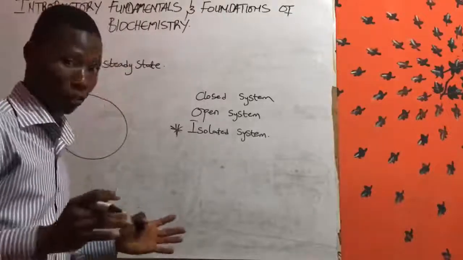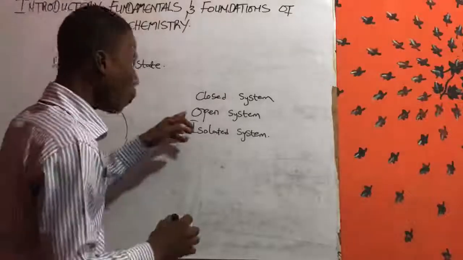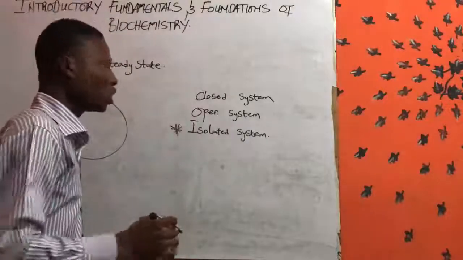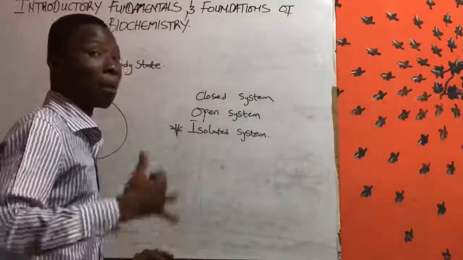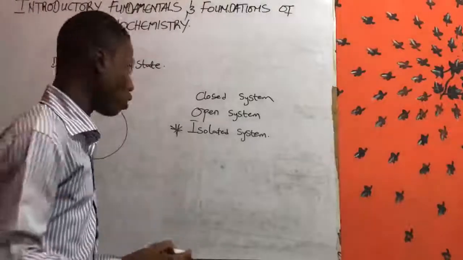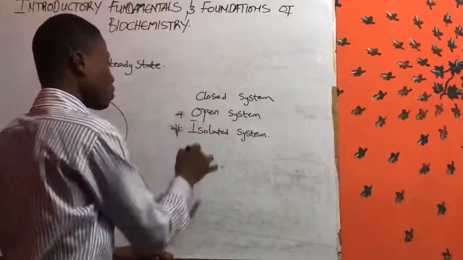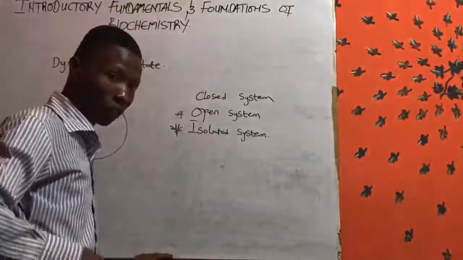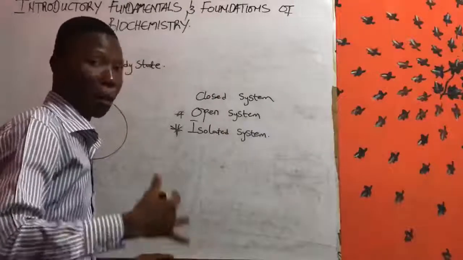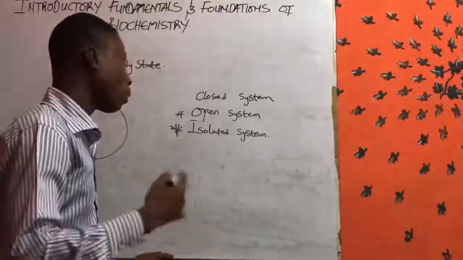There's no transfer of matter. Now, an open system is one in which there is transfer of both energy and matter with its environment. An open system transfers both energy and matter between itself and its environment.